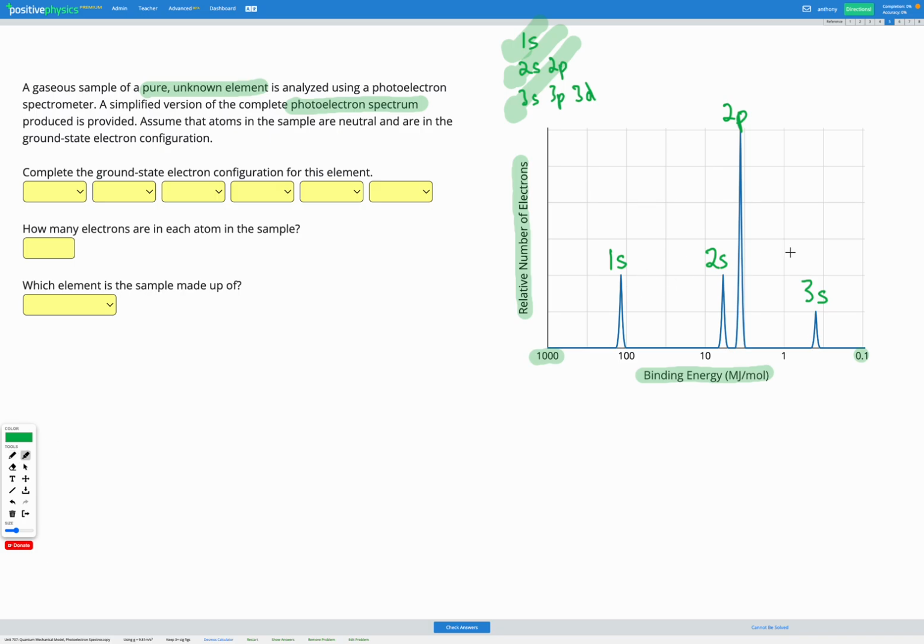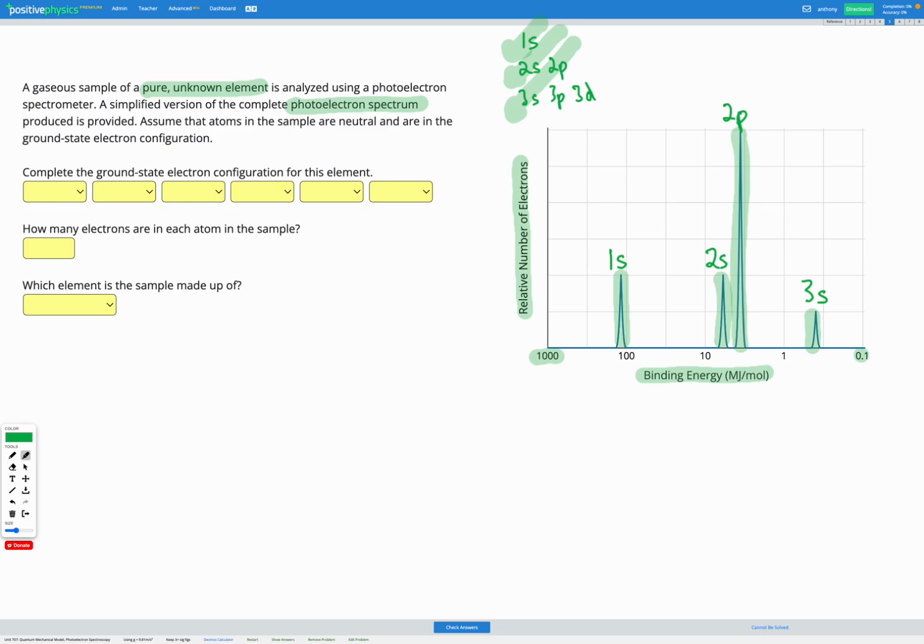In order to figure out the electron configuration, we need to know how many electrons are in each of those subshells. Now, if we look here at the relative sizes of those peaks, we can see the 1s and 2s peaks shown here on the graph are 2 squares tall. The 2p peak is 6 squares tall, and the 3s peak is 1 square tall.